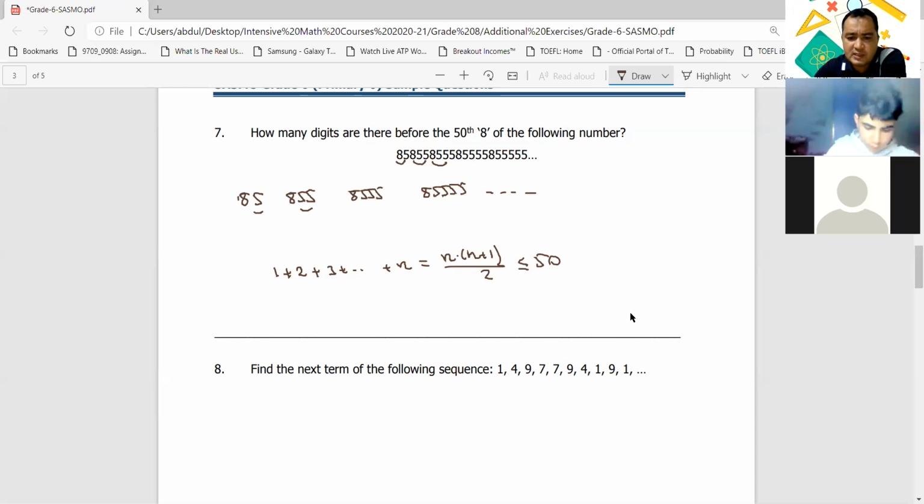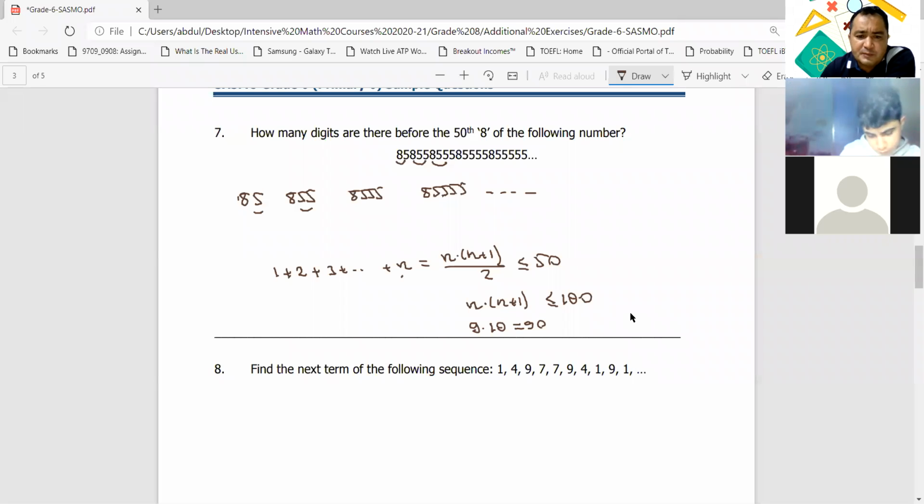So if you solve this, here we have n times n plus 1 less than or equal to 100. Just multiply both sides by 2. If n equals 10, it will be 10 times 11, it will be 110. It doesn't work. How about if n equals 9? So it is 9 times 10, that's equal to 90, right? So n should be 9.